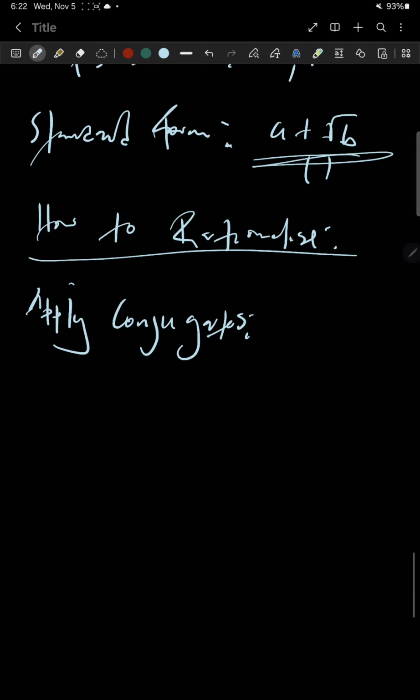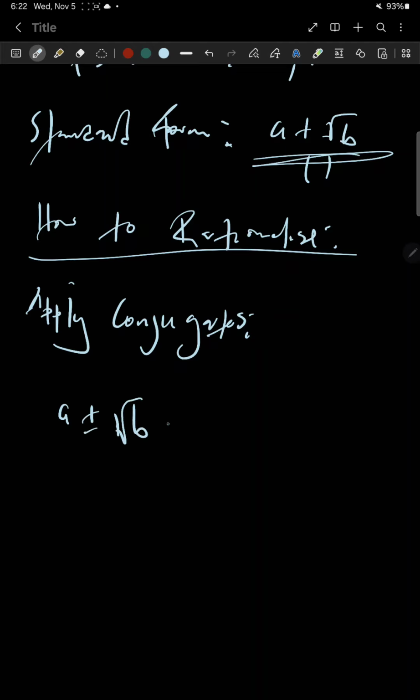What are those conjugates? For example, the conjugate for radicals: if you have a plus or minus the square root of b, the conjugate will be a minus or plus the square root of b. Notice what I've done there.